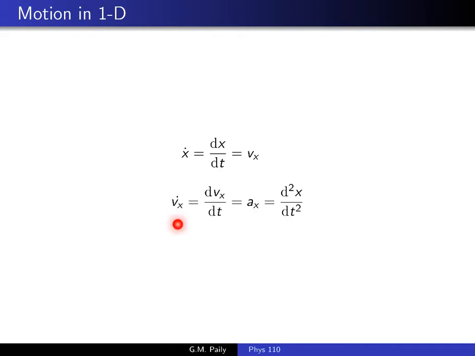Similarly, we can look at the rate of change of vx, and that gives us the acceleration in the x direction. We can also write this as a double derivative of x with respect to time.